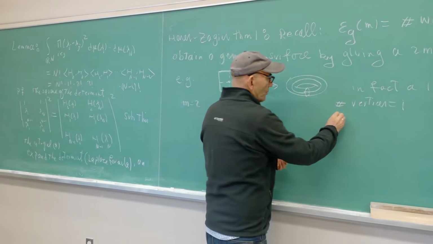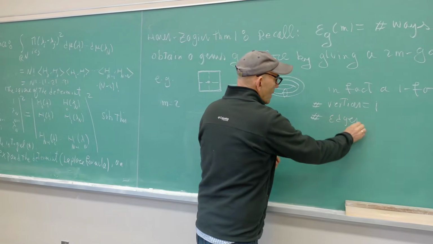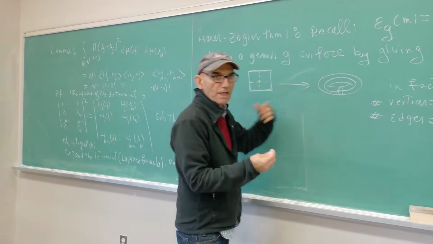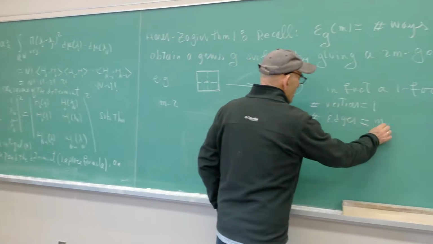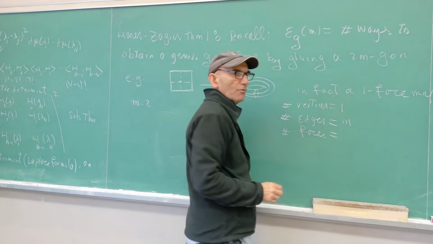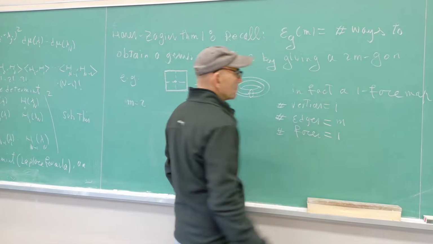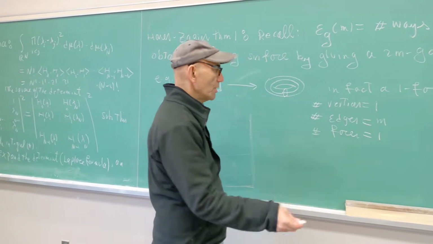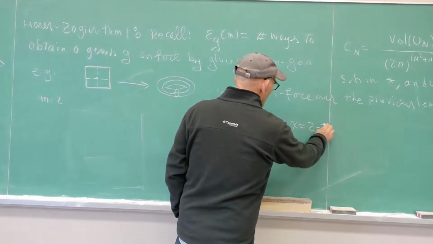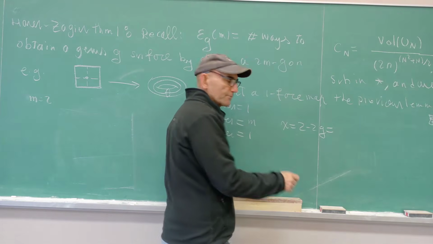Now, the number of edges is always half of the number of edges of the original graph, which is n always. And the number of faces is always equal to 1. So the Euler characteristic chi is equal to 2 minus 2g, but we know that is also equal to v minus e plus f by Euler's formula.